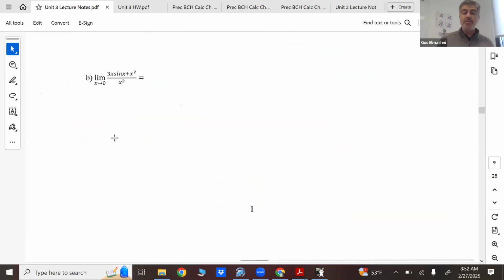Okay, here, what do you think I should do for this one? This is a fun one. I break up the fraction. I decompose a fraction.